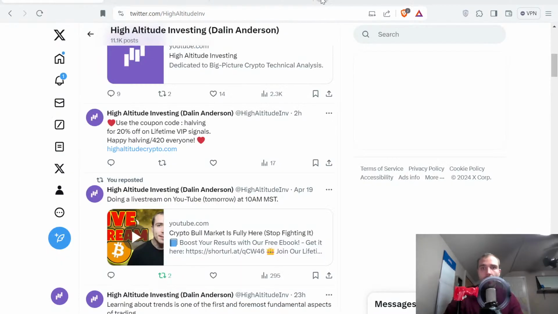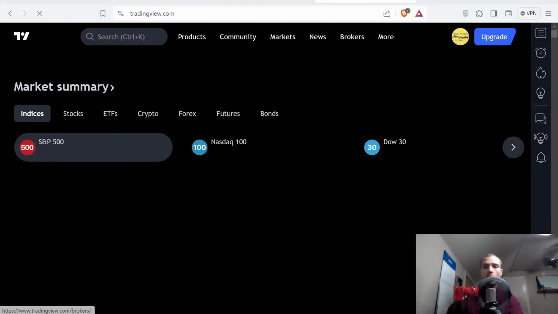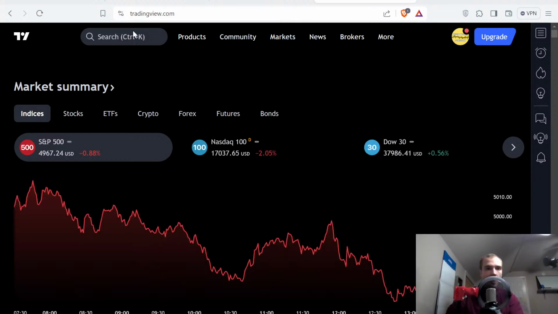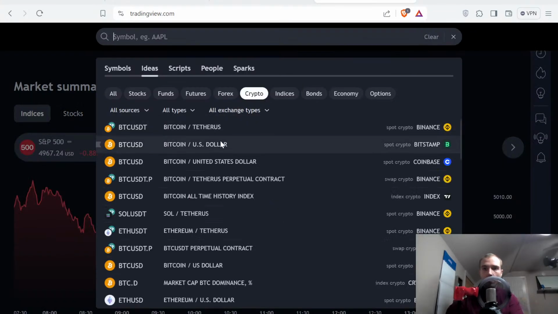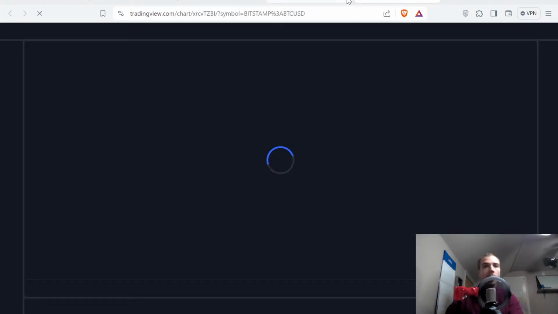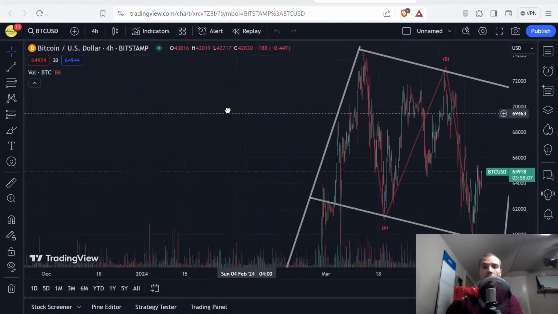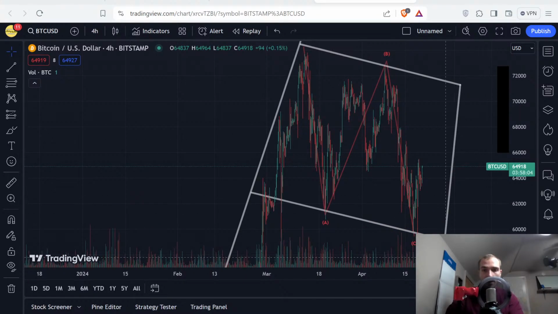Going to start off here by grabbing TradingView. And we'll start doing some TA on Bitcoin first and foremost. So Bitcoin, as you guys know, Bitcoin is moving up here in the short term.